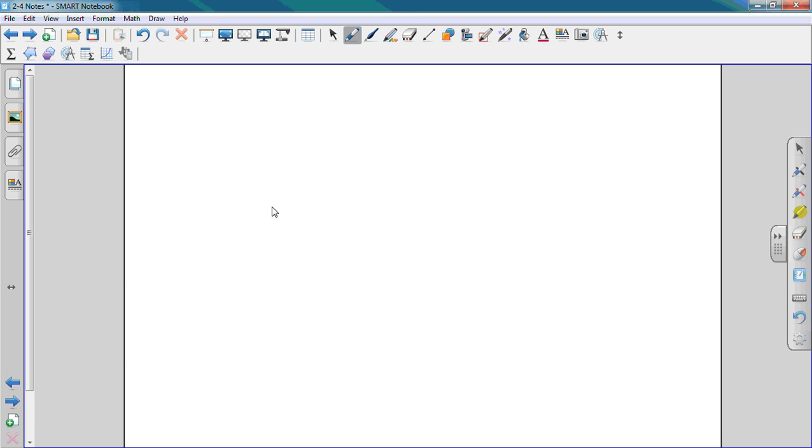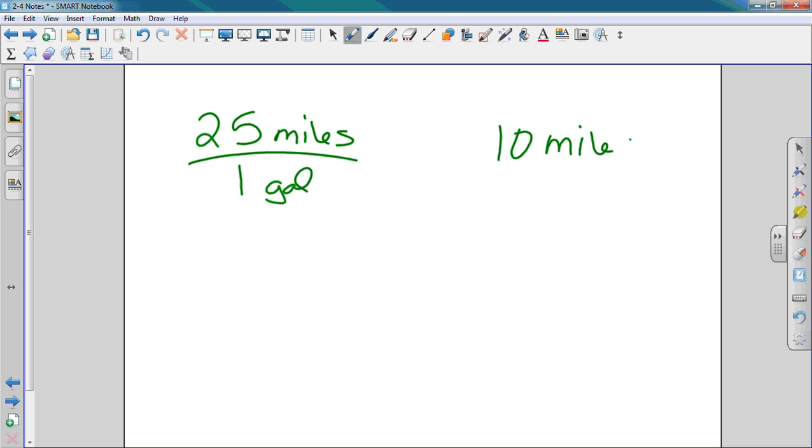So Daniel gets 25 miles per gallon of gas in his Cavalier. How many miles about do you drive to school? Maybe 10 miles, about 15 minutes. So he drives 10 miles to school.